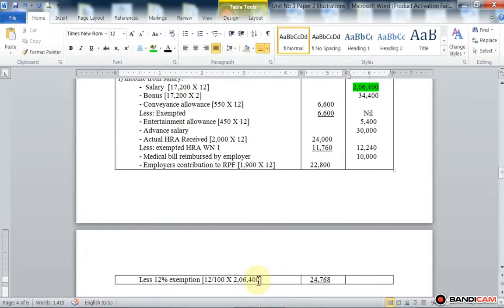So here 12%, whichever is minimum. 24,768 is the total limit, but the employer contributed amount is rupees 22,800. So the maximum deduction is rupees 22,800, not 24,768. The maximum deduction is the actual contribution. So in the outer column it is nil.